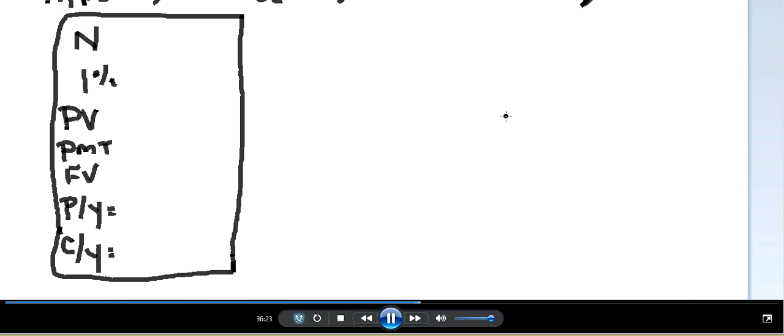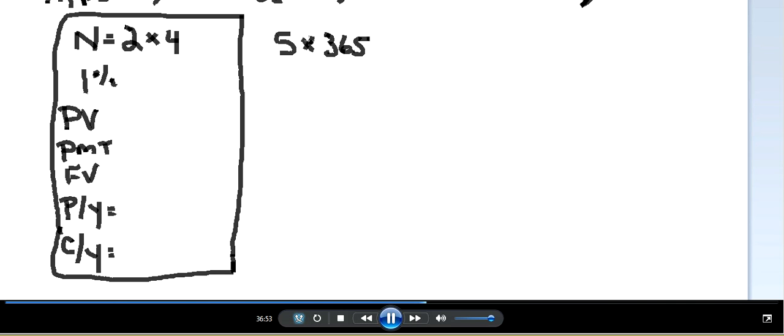Okay, N stands for the number of compounds in the problem. So for example, if I had something that was compounded for 2 years, quarterly, that would be 2 times 4. Okay, 2 years compounded quarterly. If it were compounded daily for 5 years, then it would be 5 times 365.